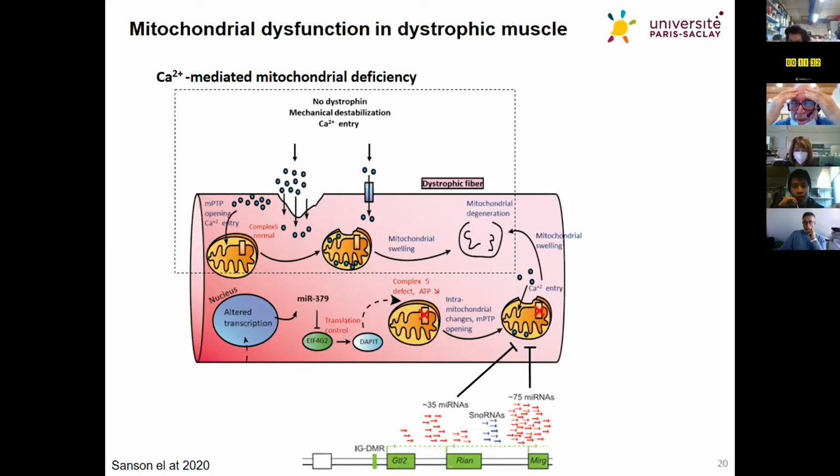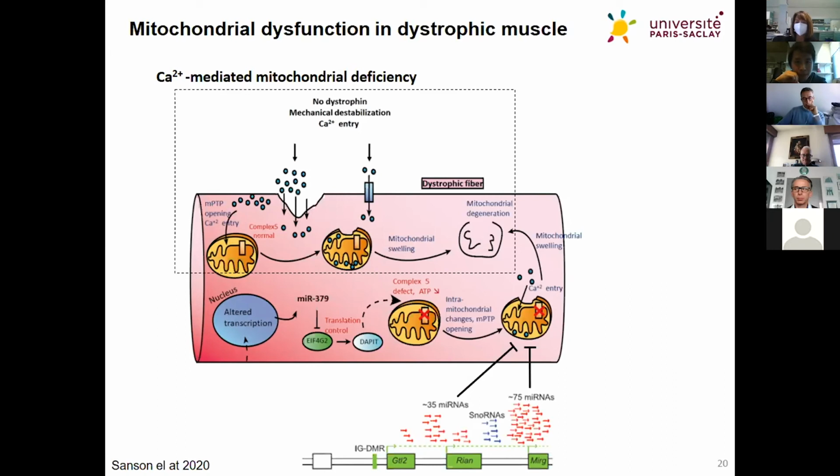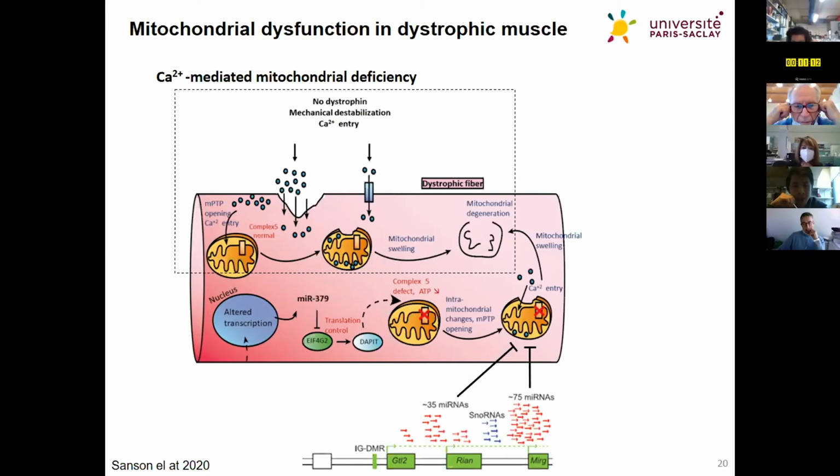Actually, we are aware of that. I think that the mitochondrial deficiency is, of course, due to the calcium uptake, an overcharge of calcium in the mitochondria. But we are suggesting it's not the only mechanism in dystrophic muscle. So we are providing evidence for an alternative explanation for that.